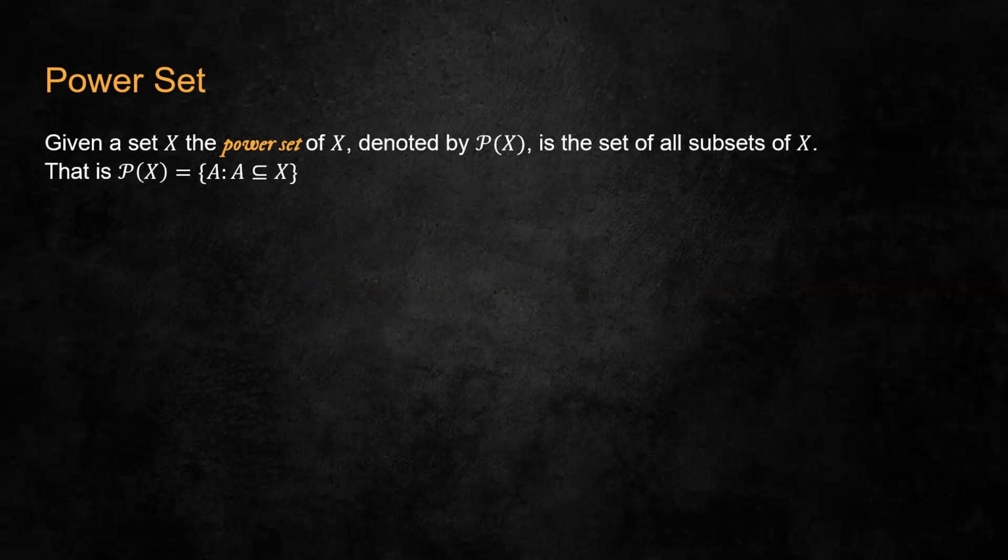For example, if the set X only has two elements, 0 and 1, the power set of X will contain the empty set, a set containing only 0, a set containing only 1, and a set containing all of it, so 0 and 1.